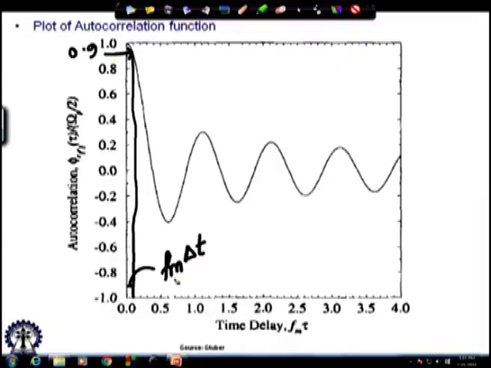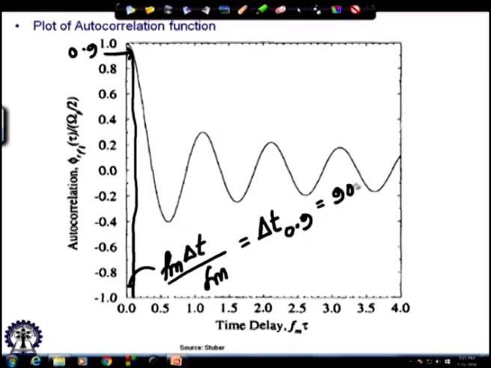Now, if I divide this by f_m, what I am left with is delta t. So delta t at which the correlation coefficient is 0.9 is known as the 90% coherence time.